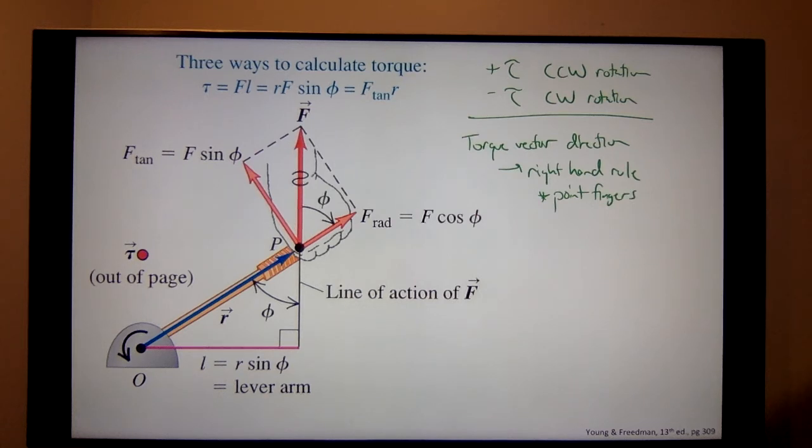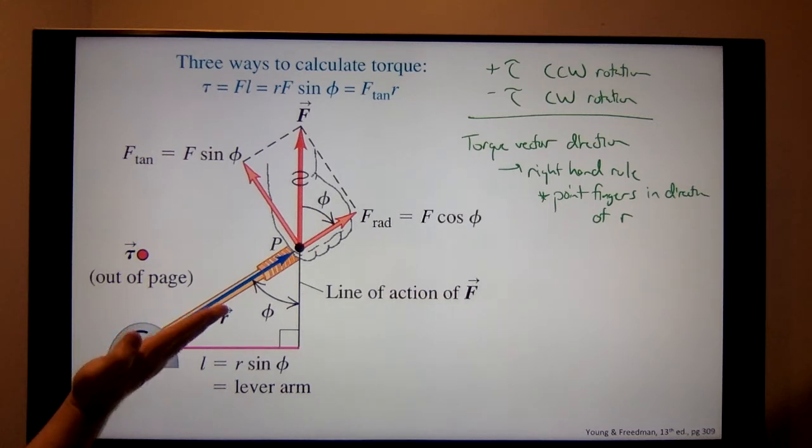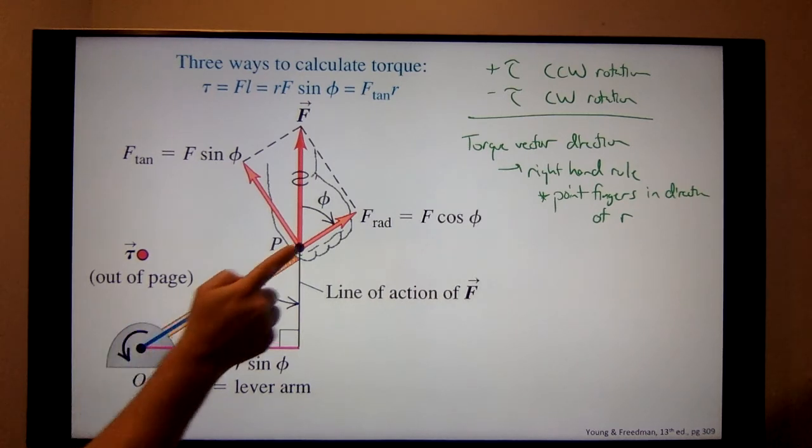You're going to use it a little more in 230. First, point your fingers in the direction of R, from the axis of rotation out toward R. So in this particular case, I'm going to start here, and I'm going to point my fingers in the direction of R.